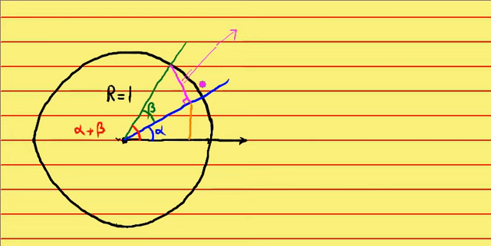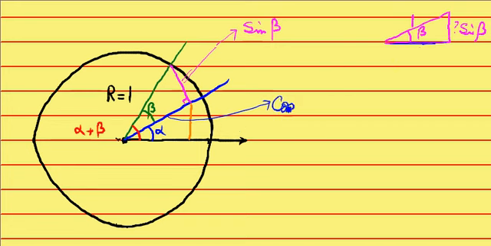Let me help you out. Hypotenuse 1, angle is beta. What's the opposite? The opposite is going to be sine of beta. Is that right? This is sine of beta. How about this one? Well, that is this adjacent side. What's that? That's going to be cosine of beta.